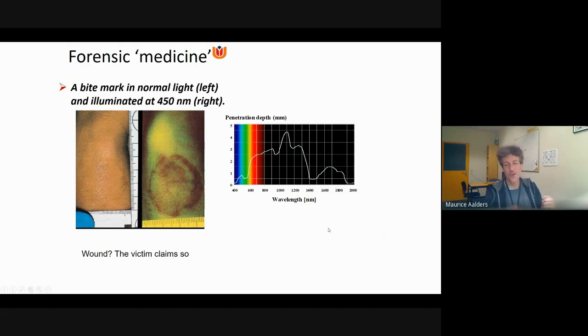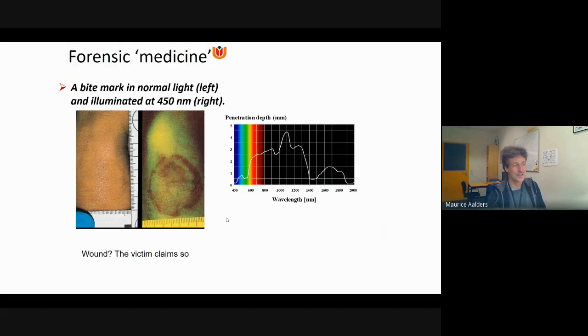You can also use multiple wavelengths to get a contrast like this. With the normal techniques, you cannot do it. By diagnosing with spectral imaging, spectroscopy, forensic light sources, you can get this very nice image, which can be used in the file of this victim to confirm a story, for instance.